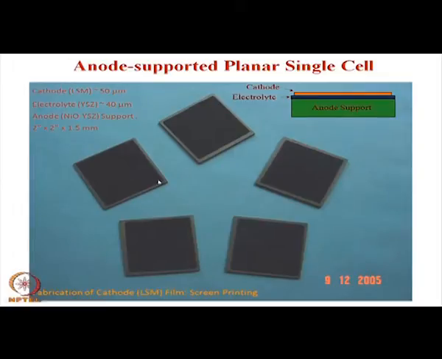Of course, there are tremendous challenges of fabrication, because you are sandwiching 3 things together, and particularly the electrolyte, making a dense electrolyte on a porous substrate is always a very difficult job, and one has to find out whether there are pinholes and so on, that has to be avoided. So, this is certainly a challenging fabrication technology.